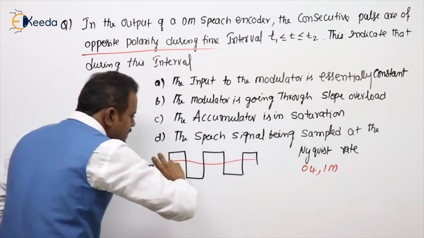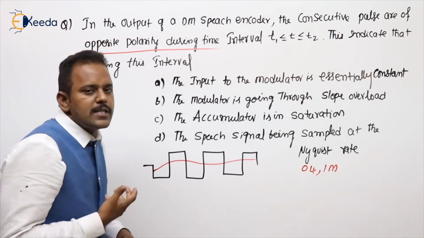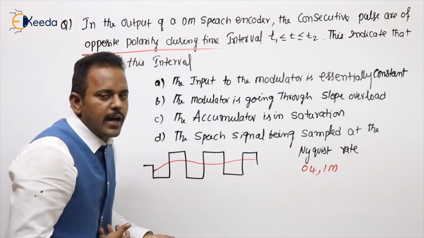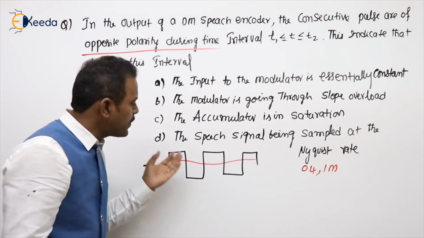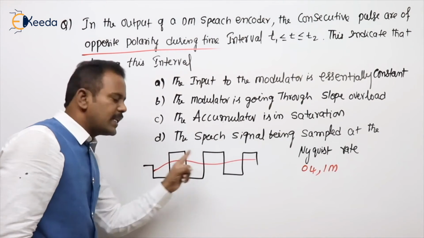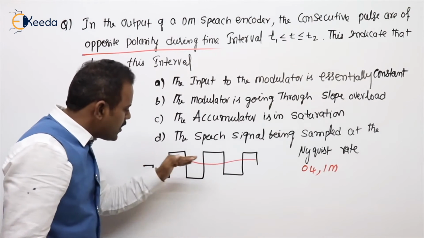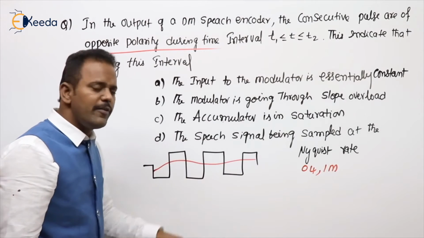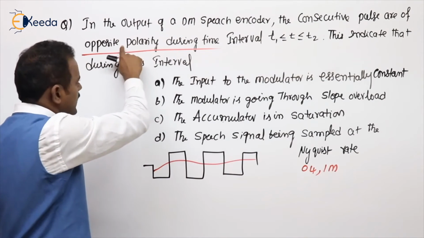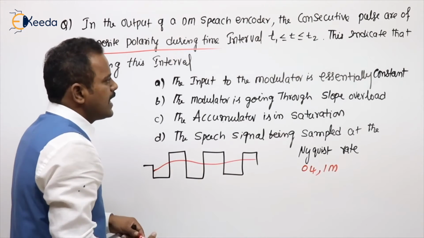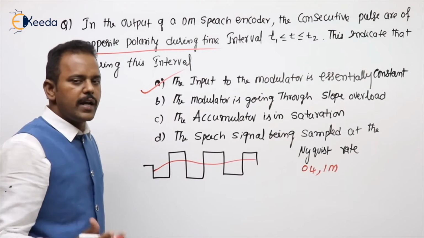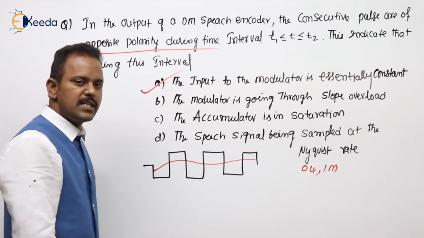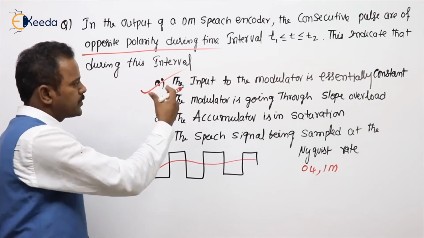This type of approximation occurs because the signal goes into granular error or idling error. When the signal is constant but we are giving opposite polarity pulses, the signal must be essentially constant at the modulator. In that situation, granular errors come. This is itself called granular error. So option A is the correct answer.